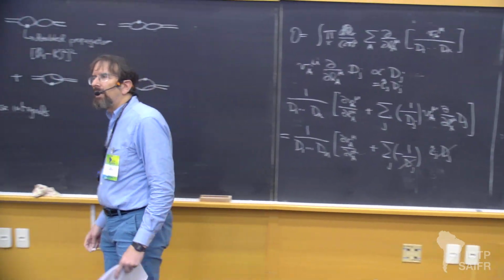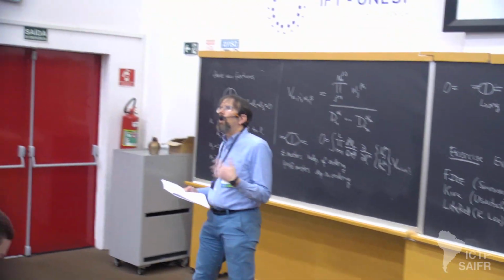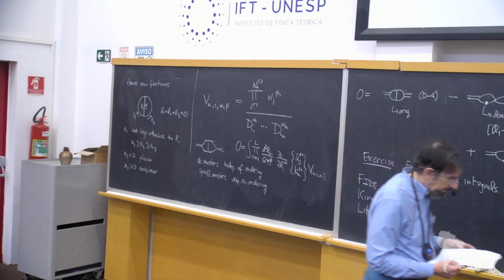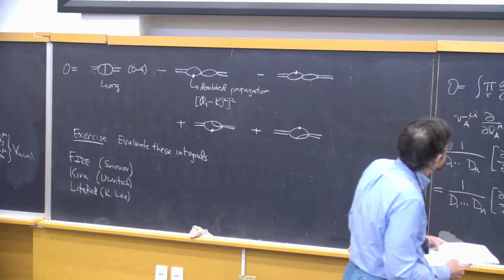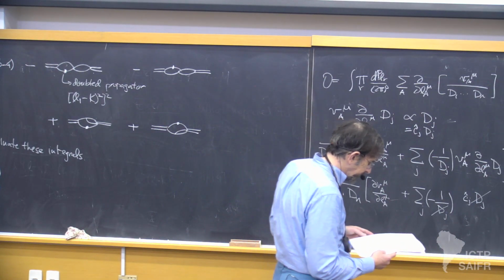So if we're able to find these special vectors, then on line 1, we will have no doubled propagators, and we will simplify the structure of the equations a lot.